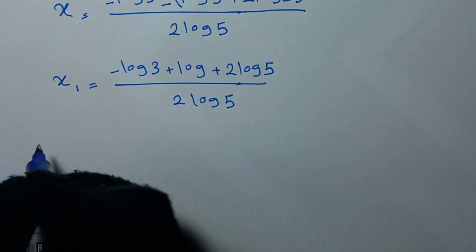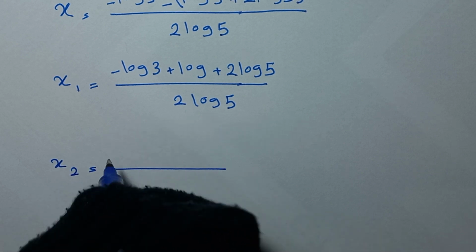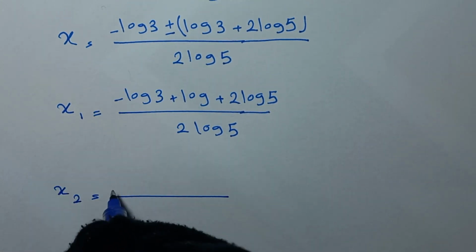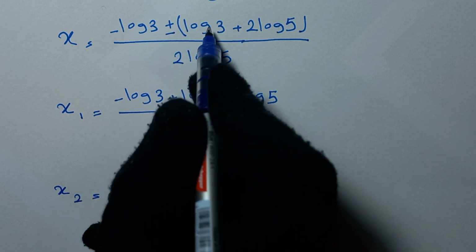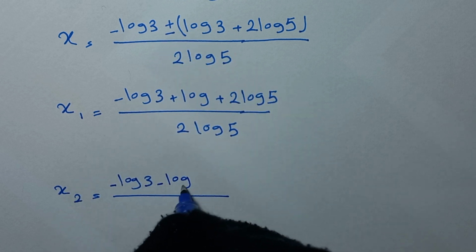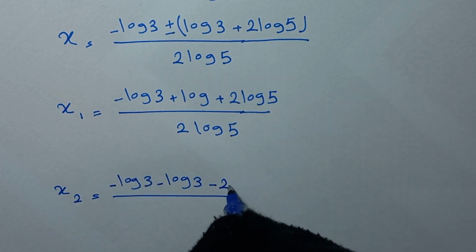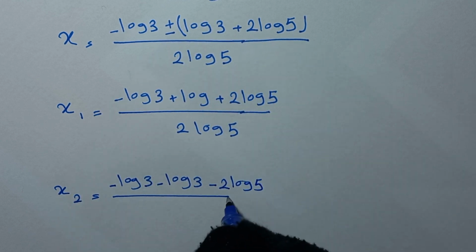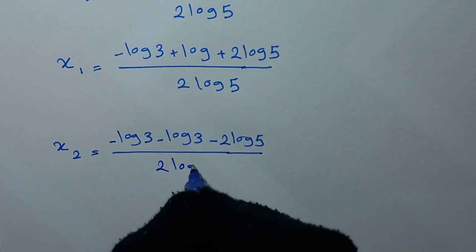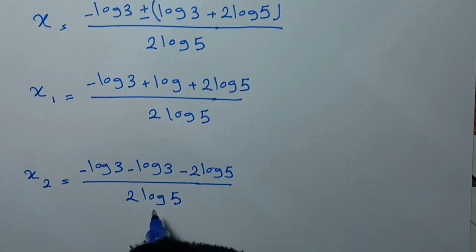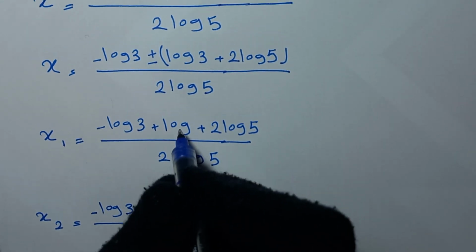And for x2, in here we have negative log 3 minus log 3, it will be negative log 3 and minus 2 log 5 over 2 log 5, right? So in here this is log 3, right?